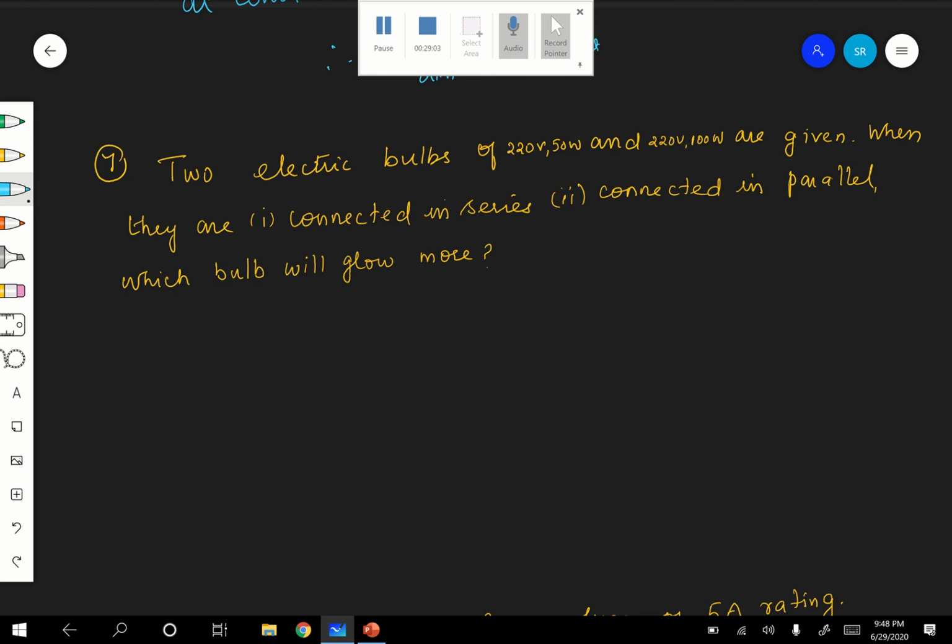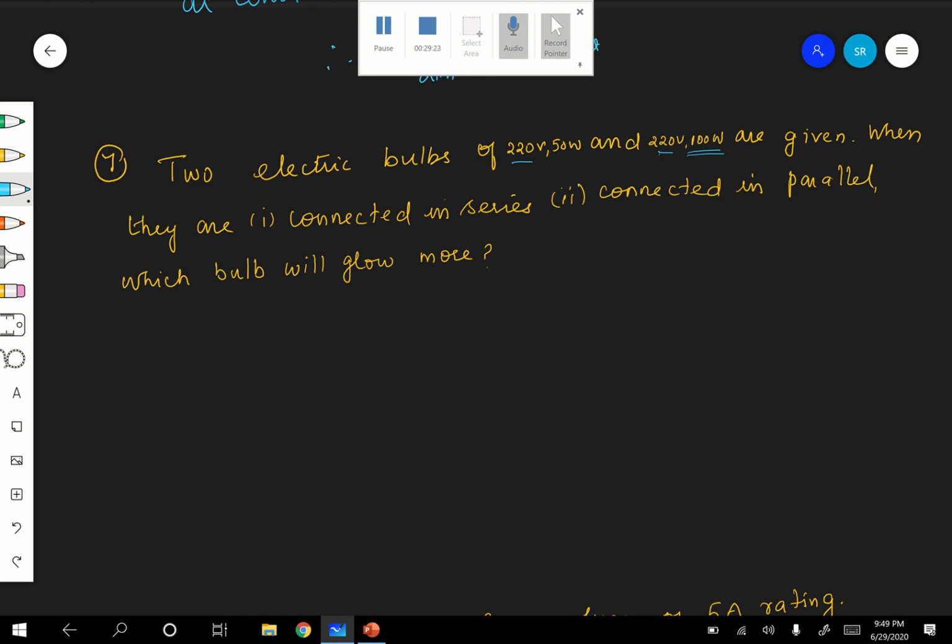See here, two electric bulbs, both are having 220 volt only. Therefore, V is the same. The rating given, 220 volt, 50 watt, is the rating for the first bulb. 220 volt, 100 watt is the rating of the second bulb.